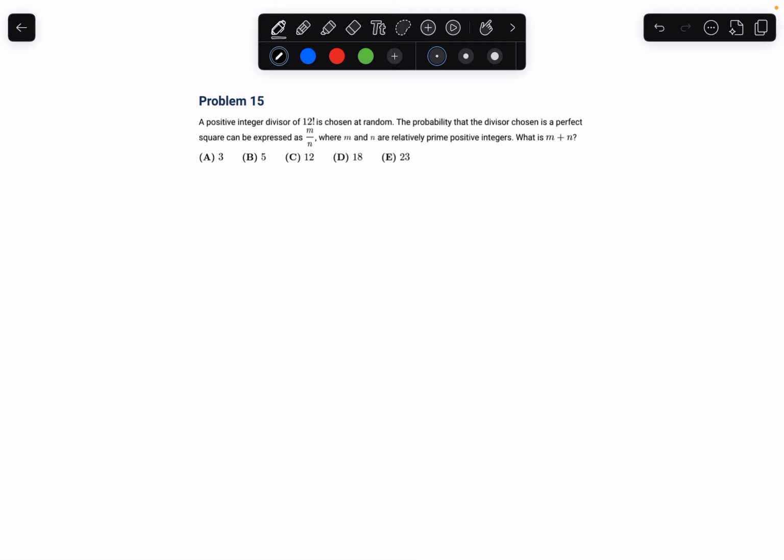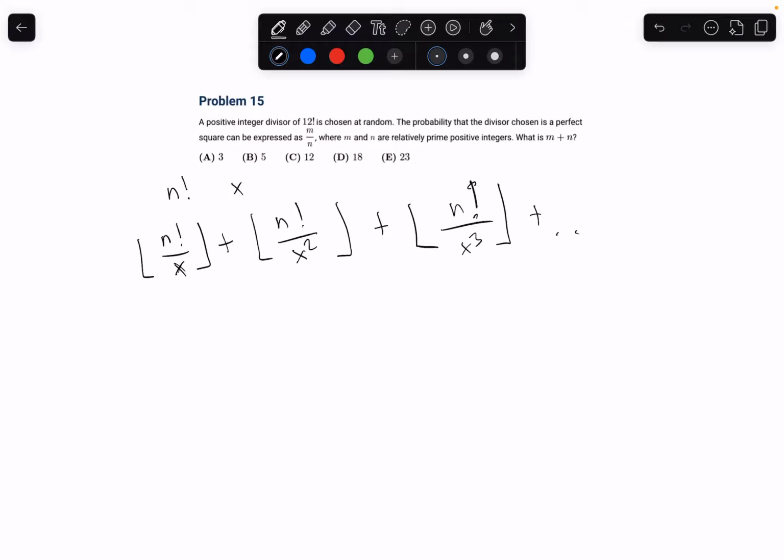This theorem states that if you have n factorial and you want to find how many factors of a prime number x are in n factorial, you take the floor of n over x, then add the floor of n over x squared, then the floor of n over x cubed, and so on, until n over the power of x becomes less than 1, where everything else would just become 0, so it's insignificant.